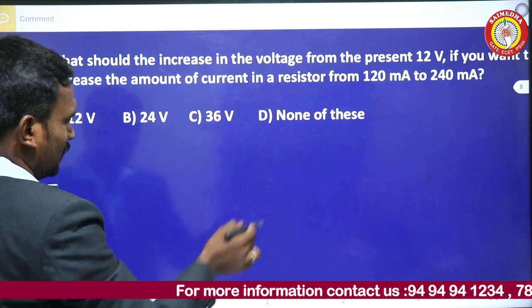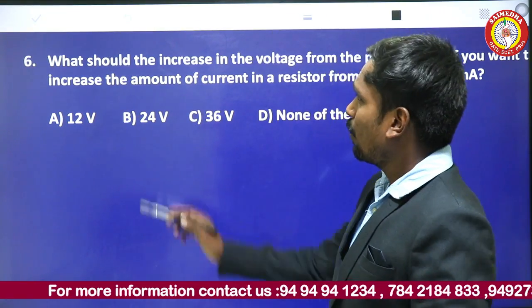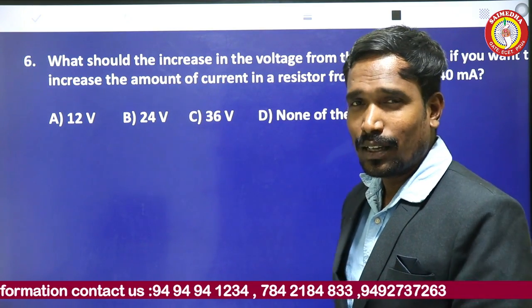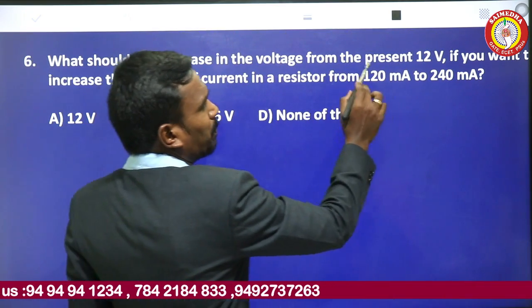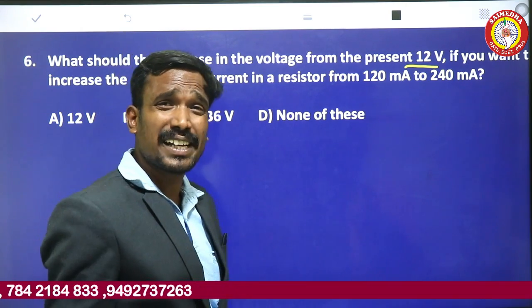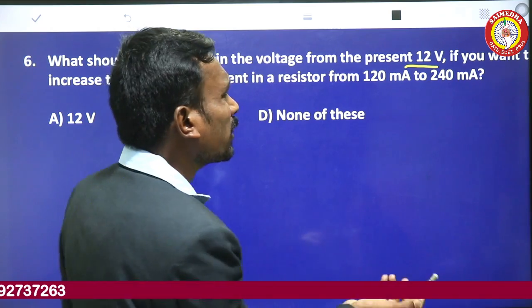Okay. Let's see this question. What should the increase in the voltage be from the present 12 volts? What is their present voltage? 12 volts. Now we have to increase the voltage. Why?